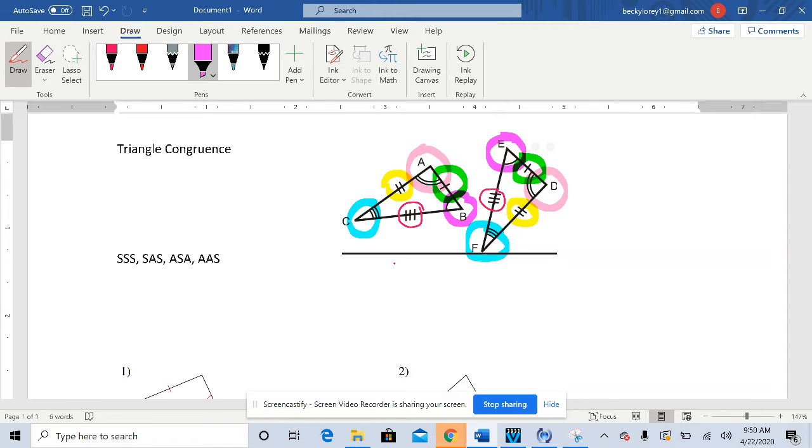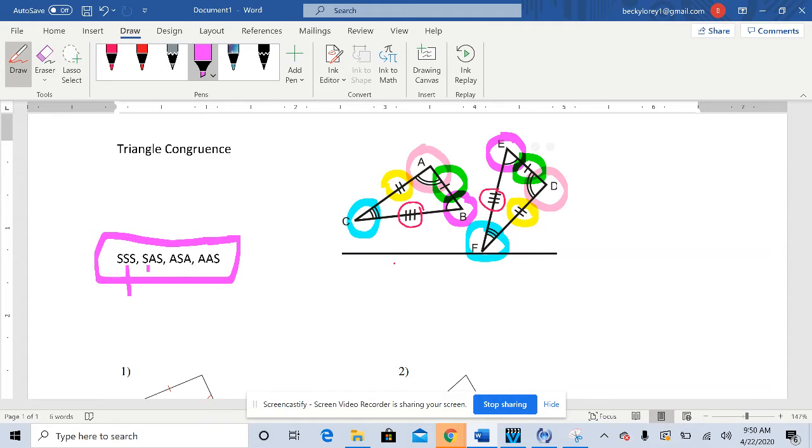So to be able to prove that two triangles are congruent, we don't have to show that every single side is congruent and every single angle is congruent. We can use these possibilities down here. If we show that three sides are congruent, then the two triangles are totally congruent.